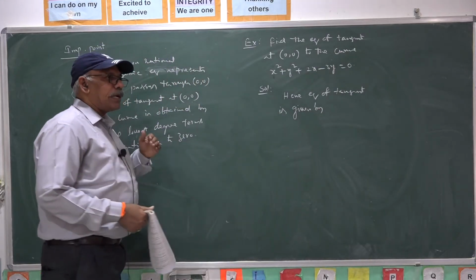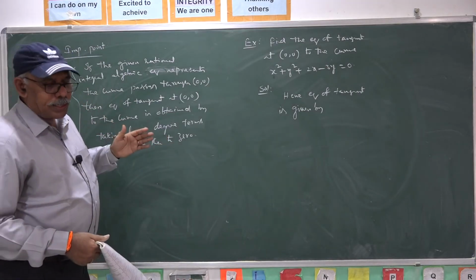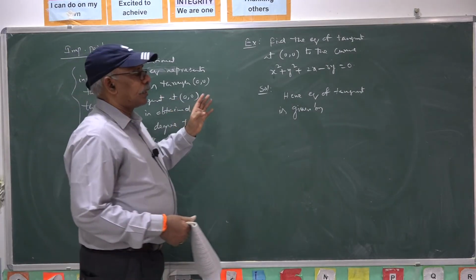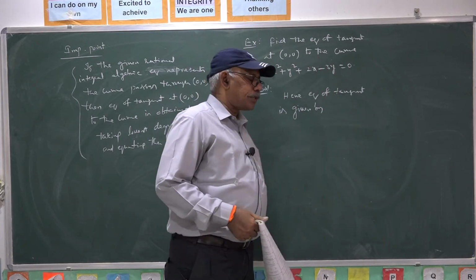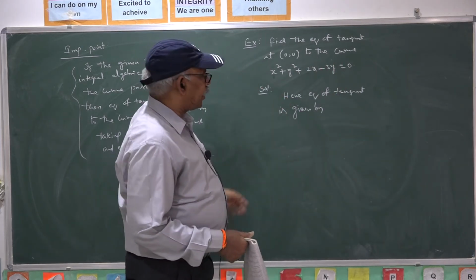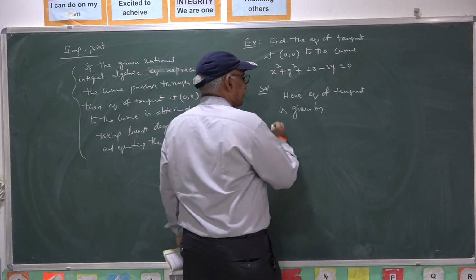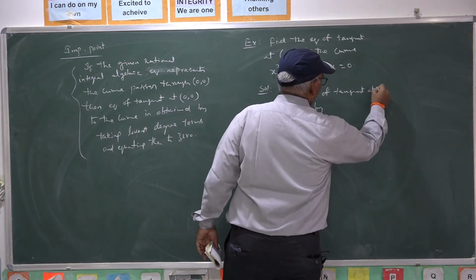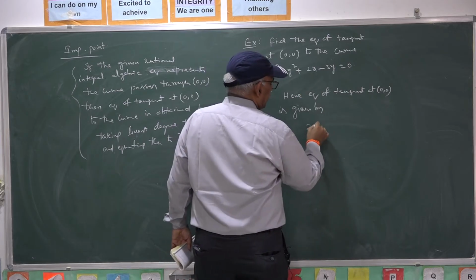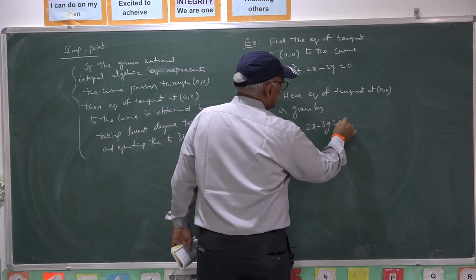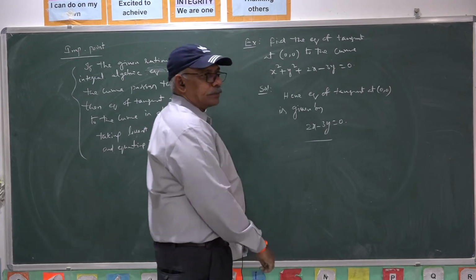So, leaving higher degree terms in the equation, only taking into consideration the least degree terms, we can write the tangent at origin. So, the equation of tangent at origin is 2x minus 3y equal to 0, simply.